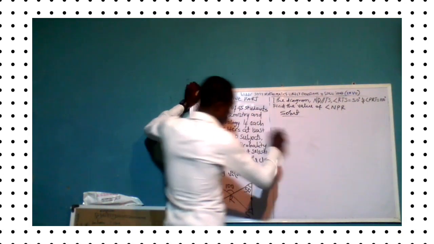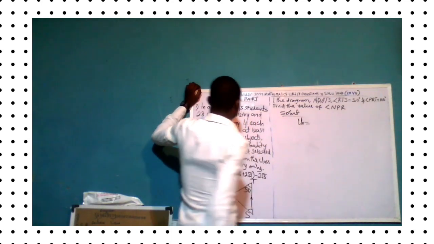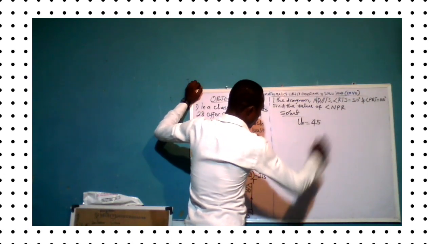Let's go by the way of interpretation. The universal set is given as 45 students.